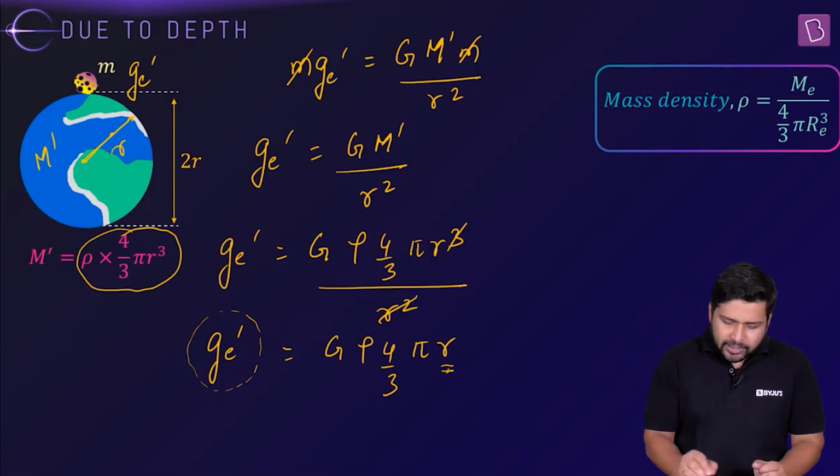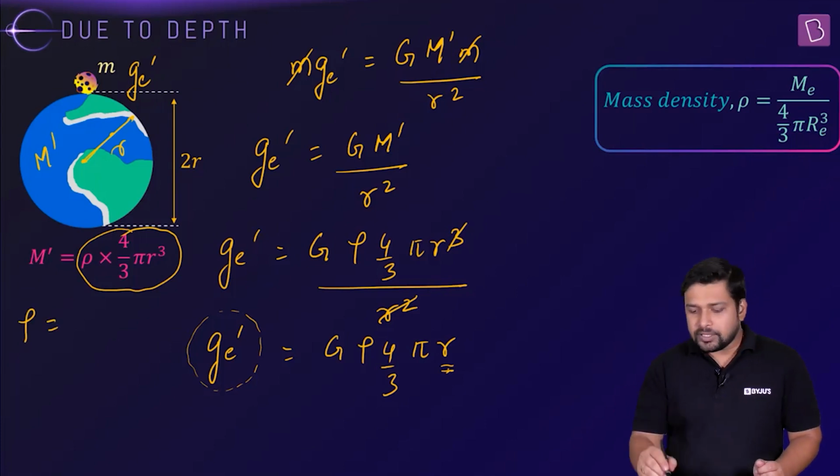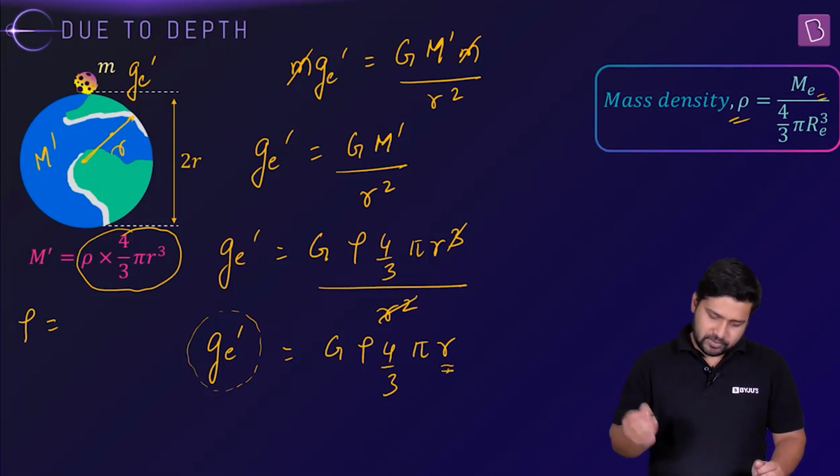To do that, can I write the value of rho, the density of the earth, as Me divided by 4 by 3 pi Re cube? Yes, definitely.